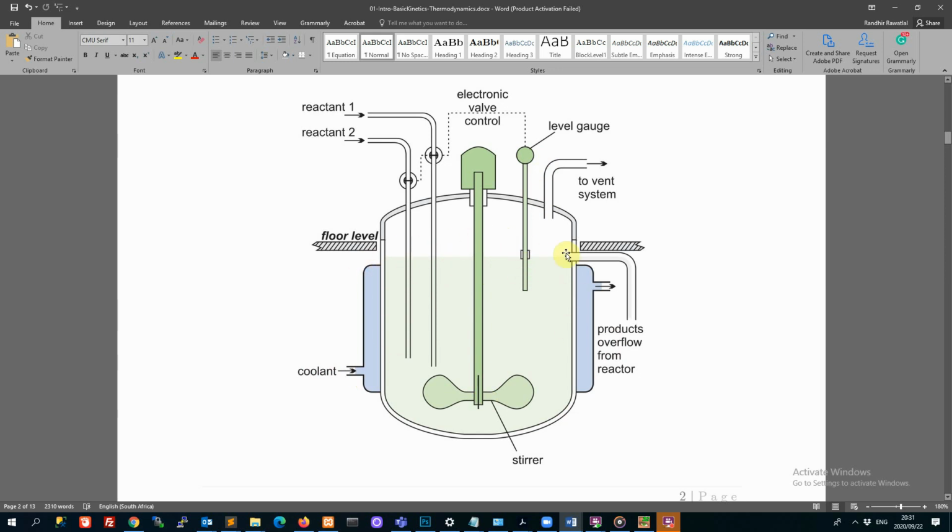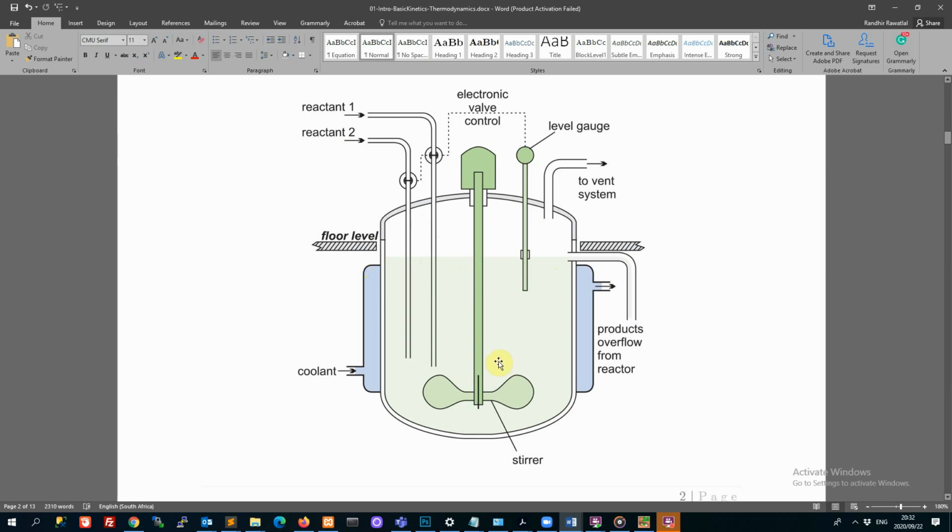And then in the space above that, that's in principle a gas phase. So we have a liquid level here, and we might be controlling the flow rate through this reactor. So we've got flows in and flow out here. So we might be controlling those flow rates such that we maintain the level at that value.